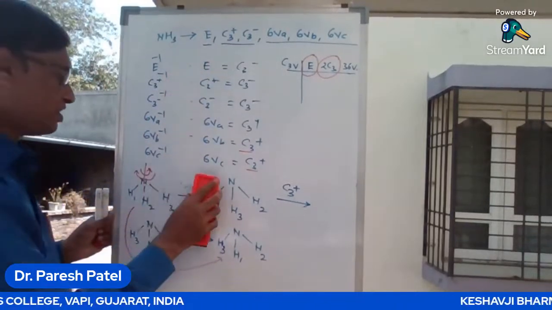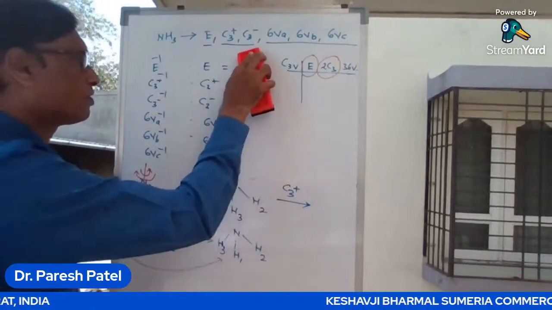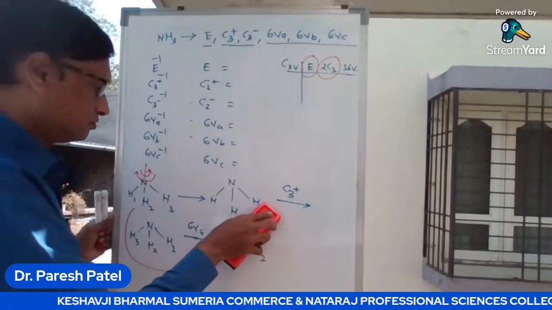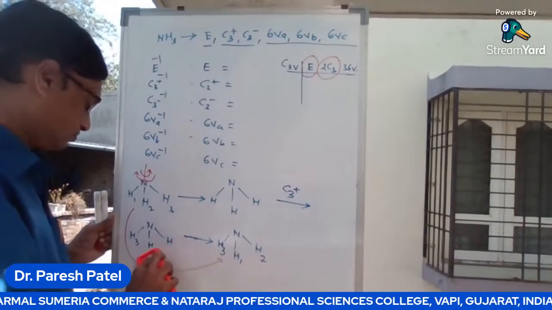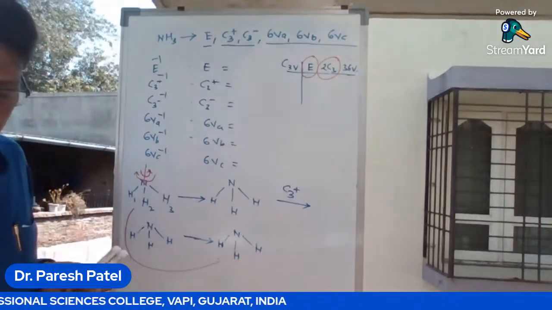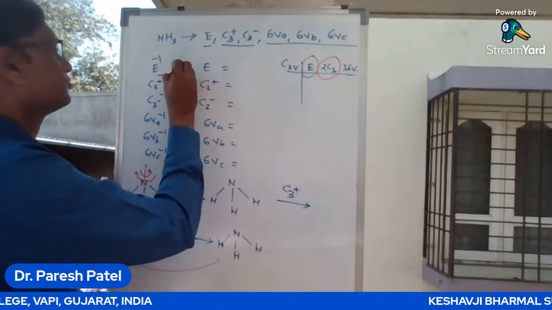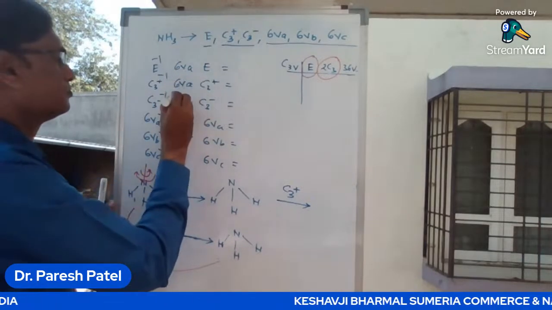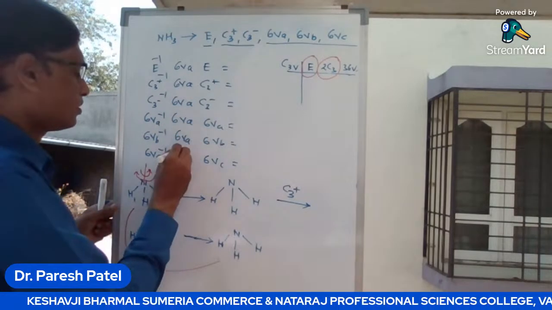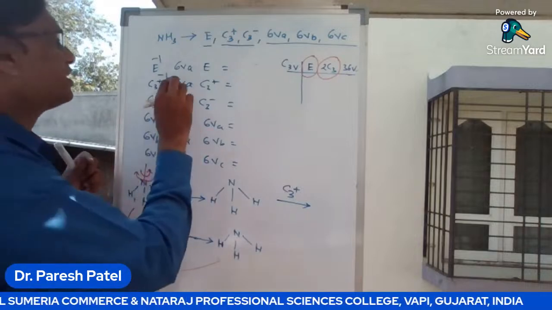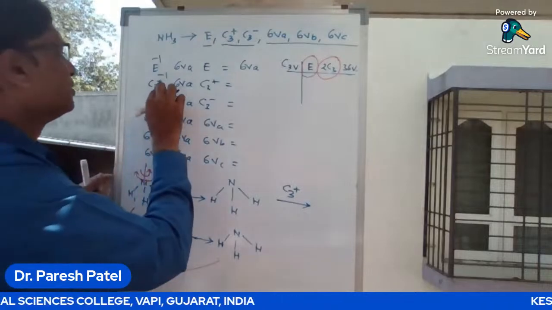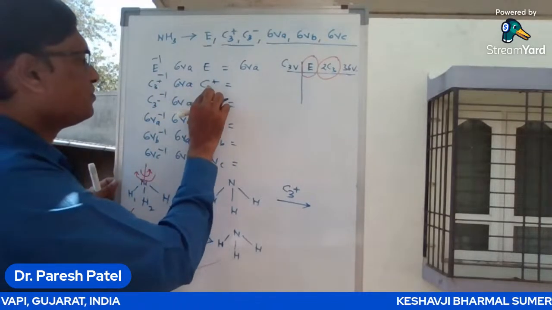So C3 plus and C3 minus are conjugate to each other to form a combined class. Next one is the sigma VA. Now in case of E inverse sigma VA E, the result is sigma VA. Now this is important: C3 plus inverse sigma VA C3 plus.